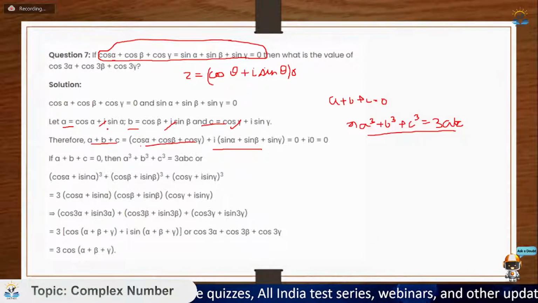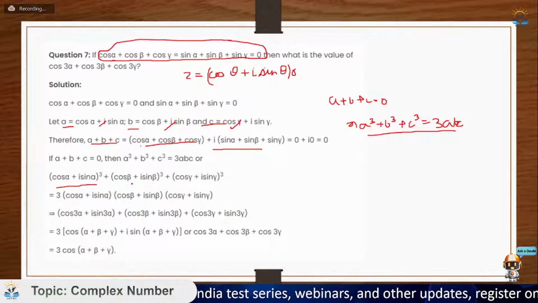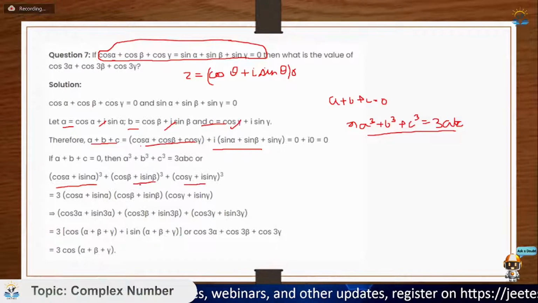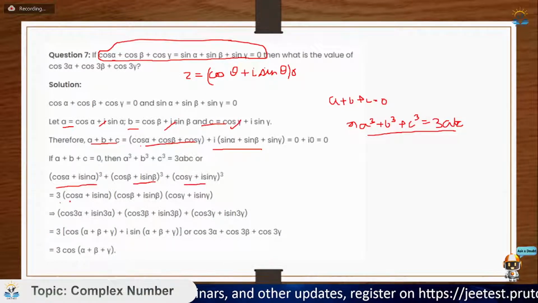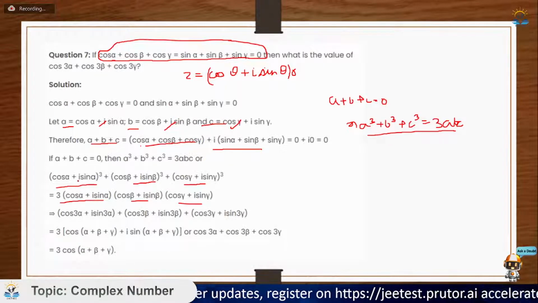So take the cube of all the three complex numbers: cube of cos alpha plus iota sin alpha, cube of cos beta plus iota sin beta, cube of cos gamma plus iota sin gamma, and this thing is equal to 3 times the product of the three.